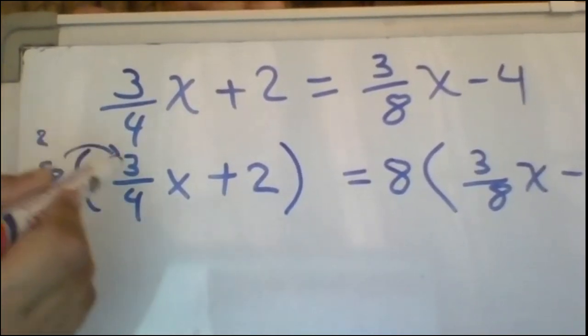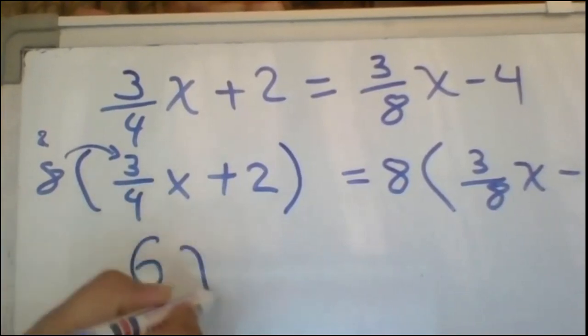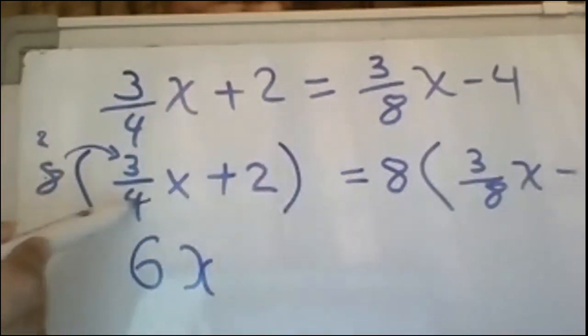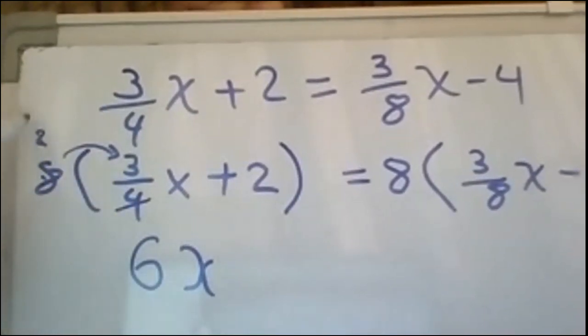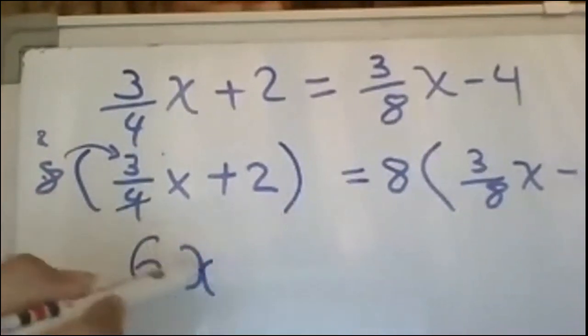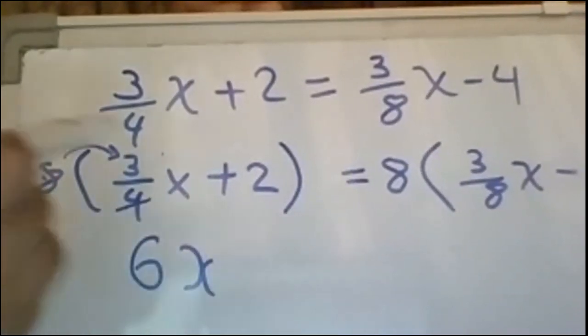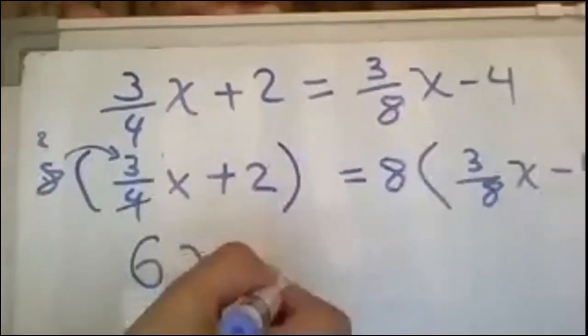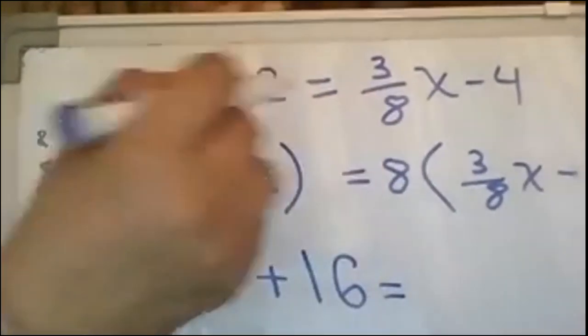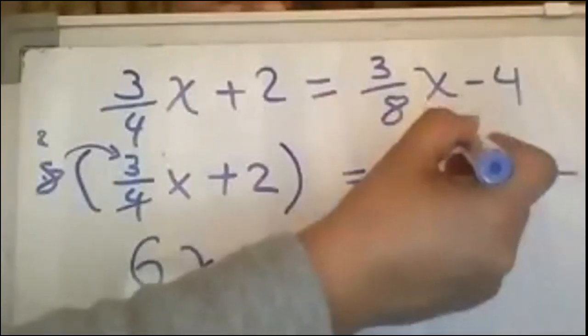Then 2 times 3 is 6x. And after that, 8 multiplied by 2 equals how many? 16.